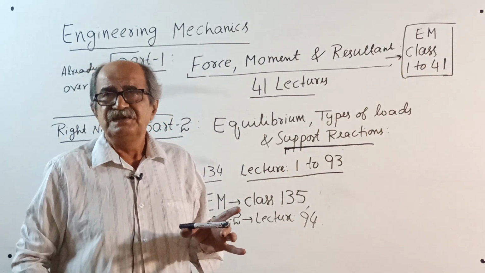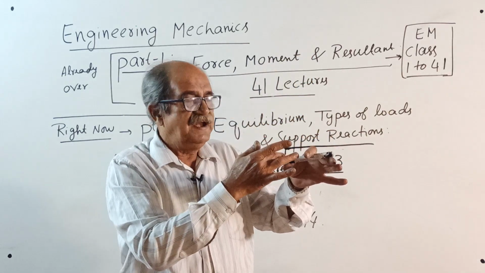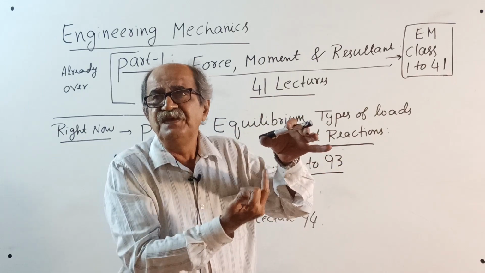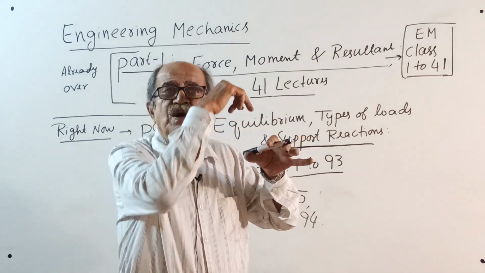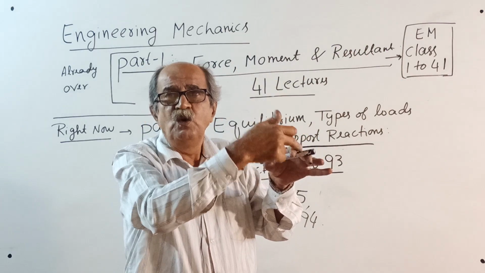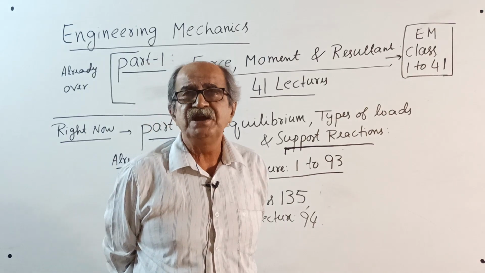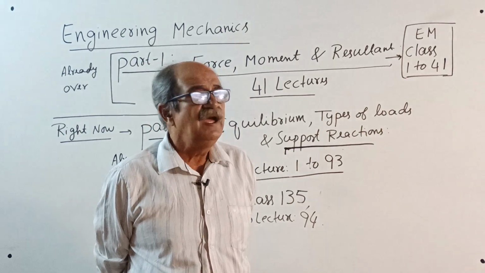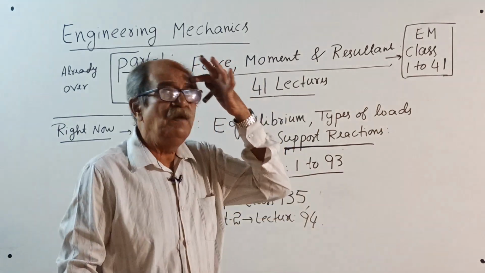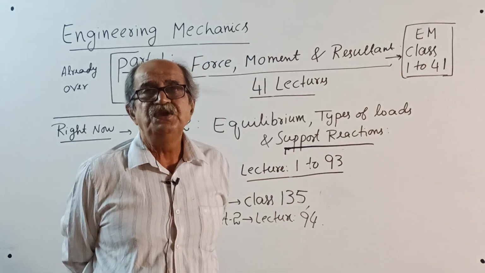For example, a simply supported beam with a load W eccentrically placed at a distance A from one end or B from the other, or L minus A. One reaction is load into that distance divided by span, and the other reaction equals load into this distance divided by span. All that logic I told, I solved by equation and finally got the answer. That is already over.